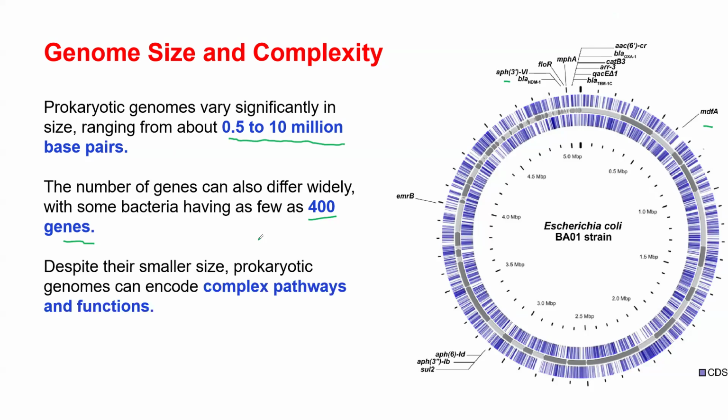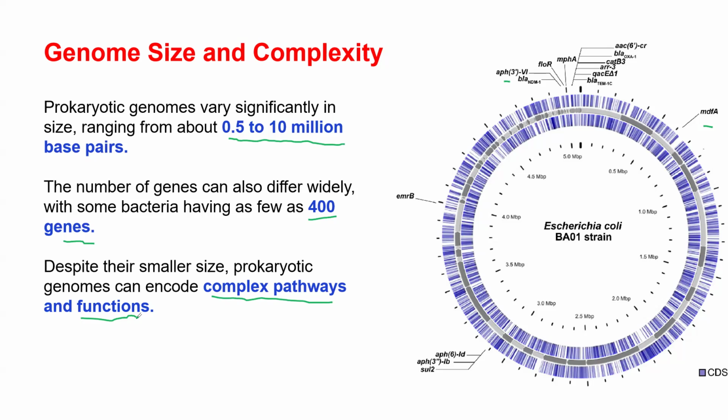But very importantly, you should understand that despite the fact that they have a smaller size, the prokaryotic genome can encode complex pathways and carry out various functions that sustain the life processes of that particular prokaryotic organism. They have smaller genome sizes, between 0.1 and 10 million base pairs.